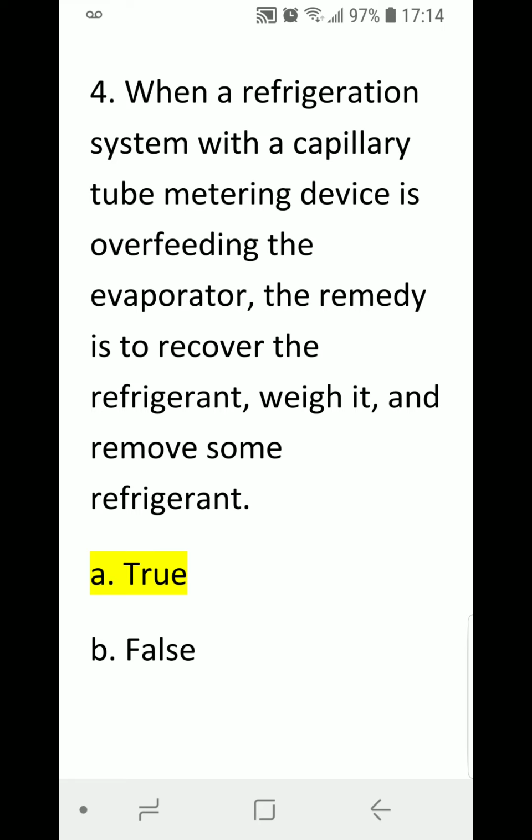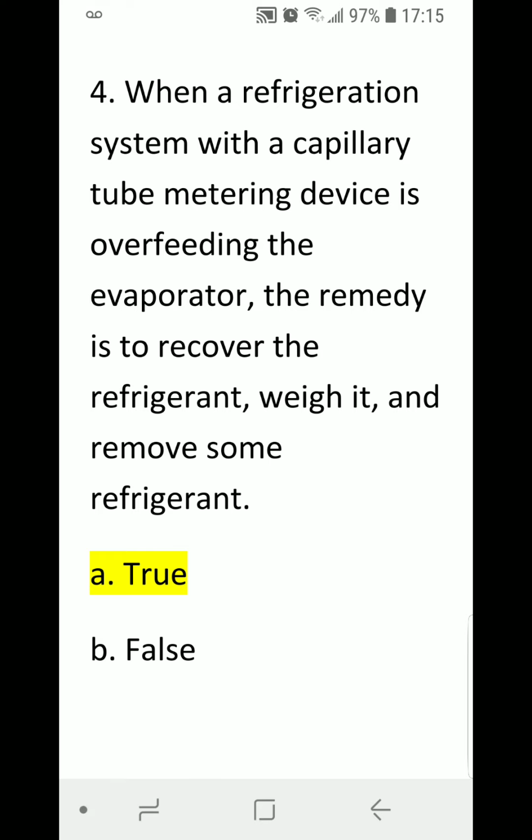Number 4. When a refrigeration system with a capillary tube metering device is overfeeding the evaporator, the remedy is to recover the refrigerant, weigh it, and remove some refrigerant. A, true; B, false.